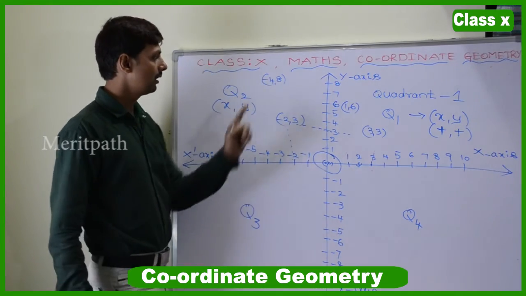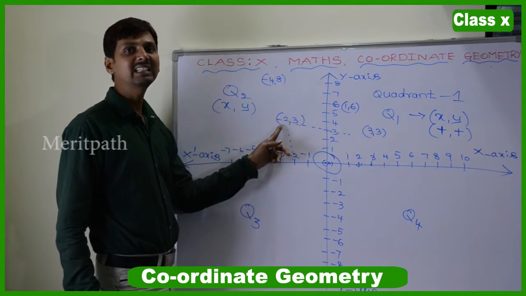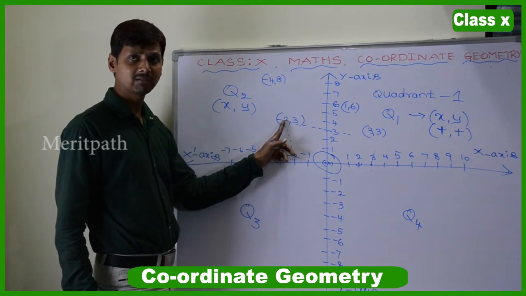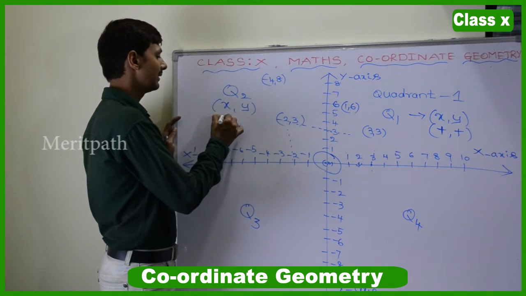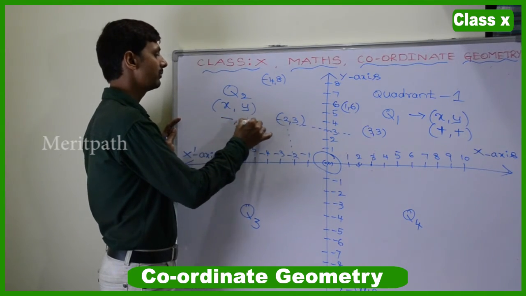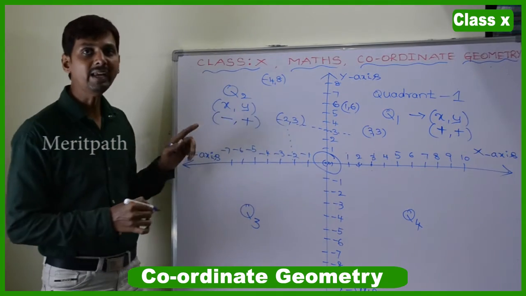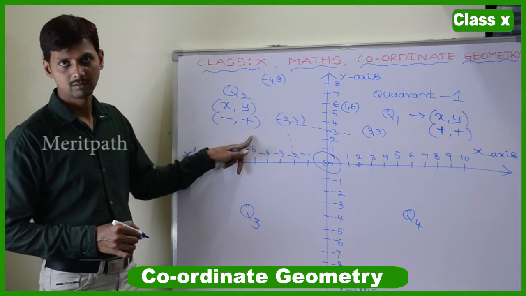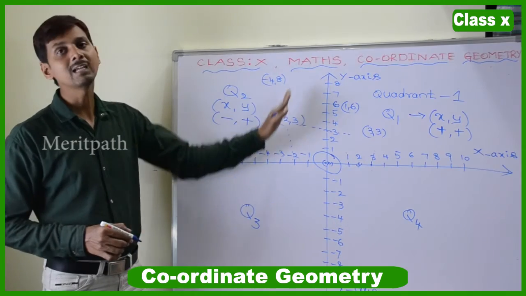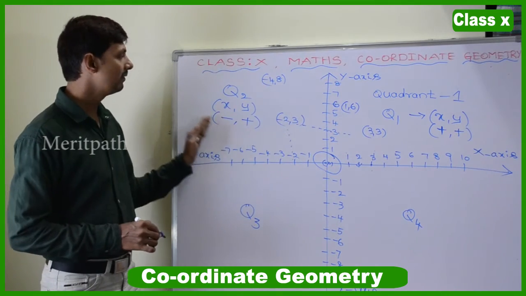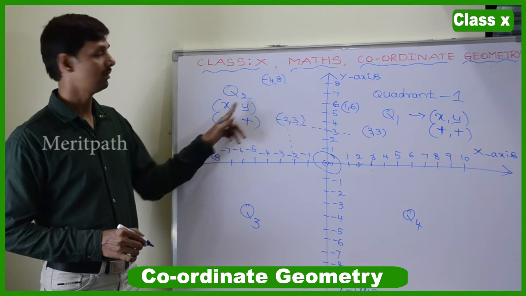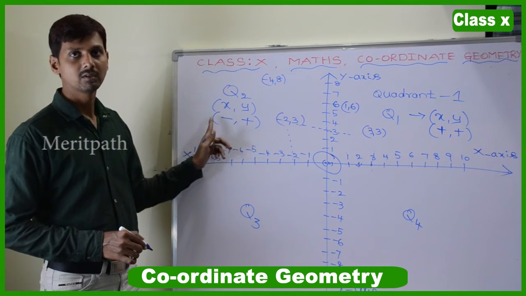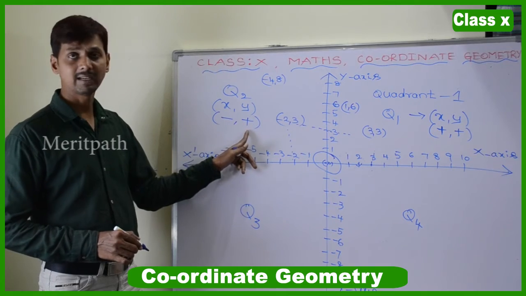Here if we observe these two ordered pairs, the x coordinate is negative and the y coordinate is positive. So it becomes minus and plus. So if we take any point in this area, we will be getting the x coordinate negative and the y coordinate positive. So all the points will be minus and plus.